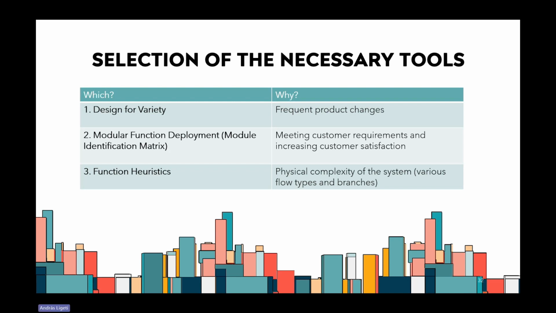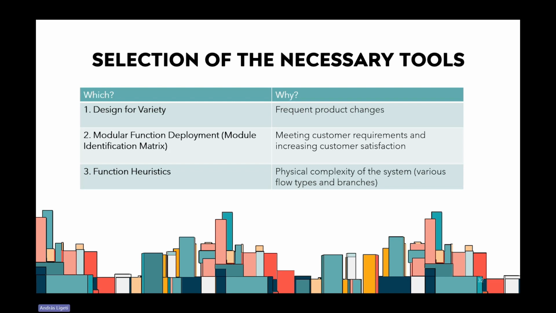Design for variety is because they had frequent product changes, and this was their biggest issue in the product development process. We decided to use modular function deployment because it takes a business perspective, and they wanted, as every company does, to meet the customer requirements and involve the business requirements in the product design.